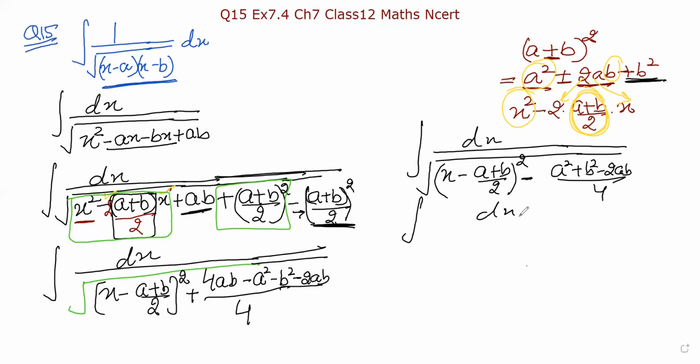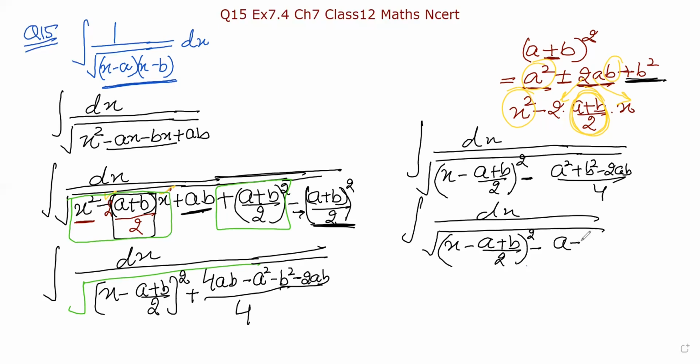Now, this can be written as dx upon square root of x minus (a plus b) upon 2 whole square minus (a minus b) upon 2 whole square.